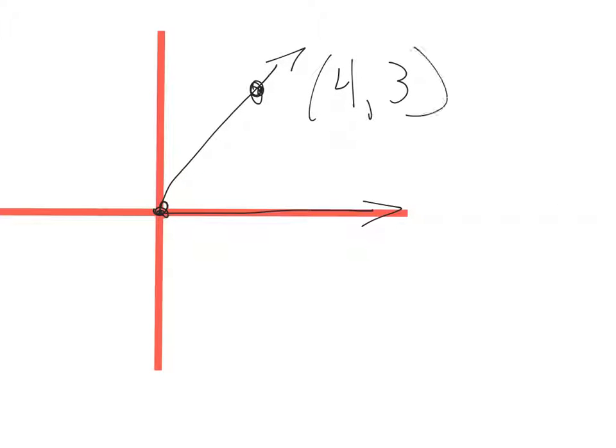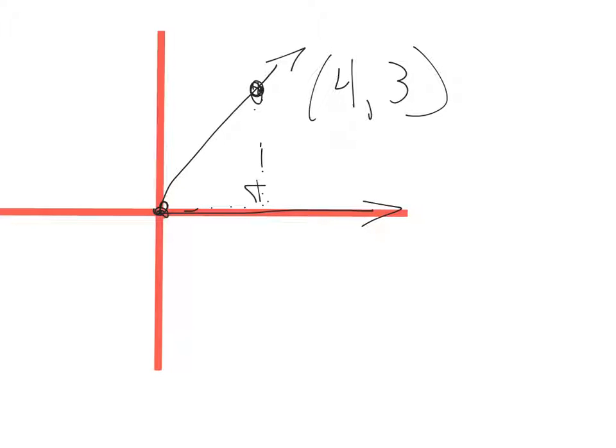Is when we have a situation that occurs like this. So I have this angle. Let's say it goes out to here, and it goes through this point here. And that point is 4 over and 3 up. Right? So notice I can make a nice right triangle by just dropping lines across here.